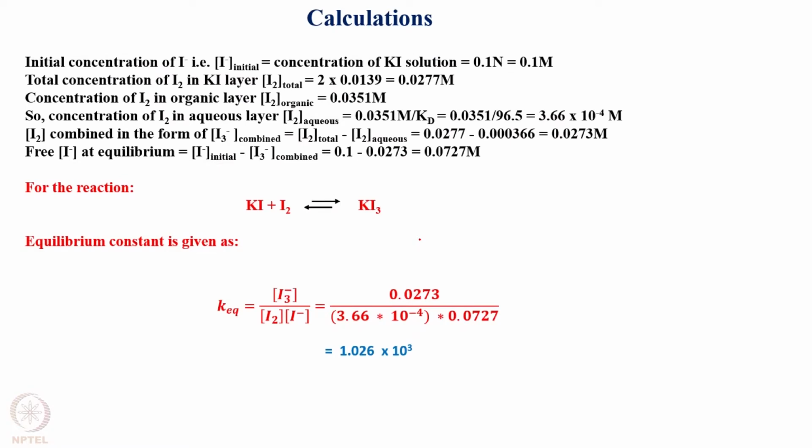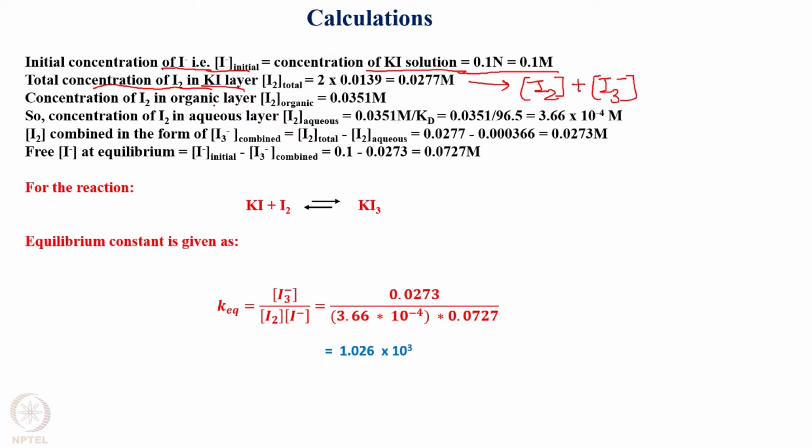As we know, the initial concentration of I minus was the concentration of the KI solution that we had prepared, and it is 0.1 normal. Now the total concentration of iodine in the KI layer corresponds to the iodine present in the form of I2 and also the iodine present in the form of I3 minus, since both of these will be reacting with sodium thiosulfate solution.